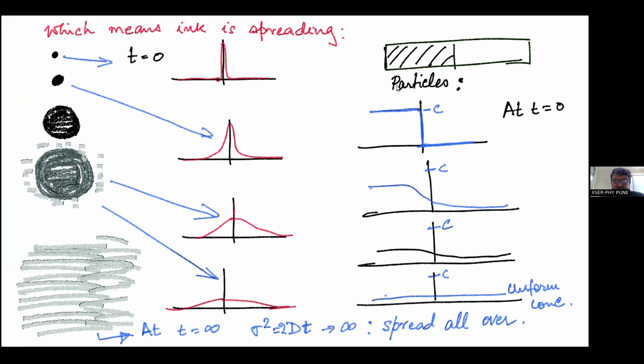Not localized in space. On the other hand, if you have particles on one side and no particles on the other side, then again the solution will decay. It's just math, and you have the same partial differential equation, space-time dependent. You have to solve for it. You can solve it mathematically, or I have a computational physics course.